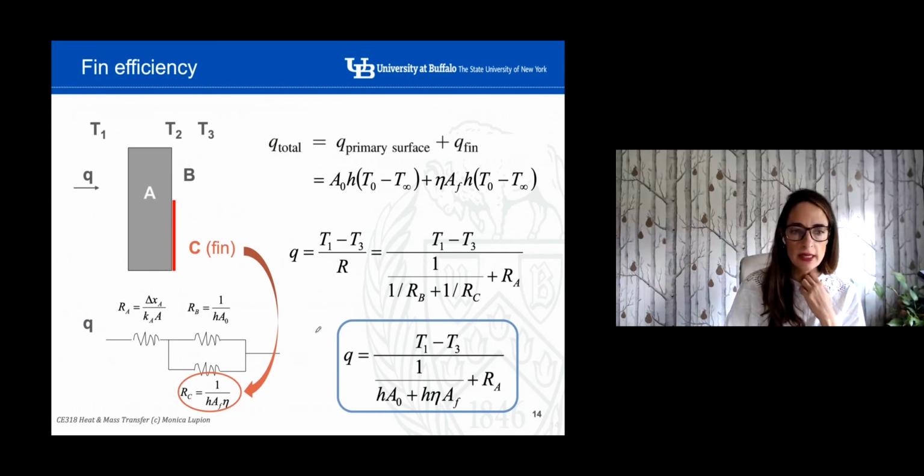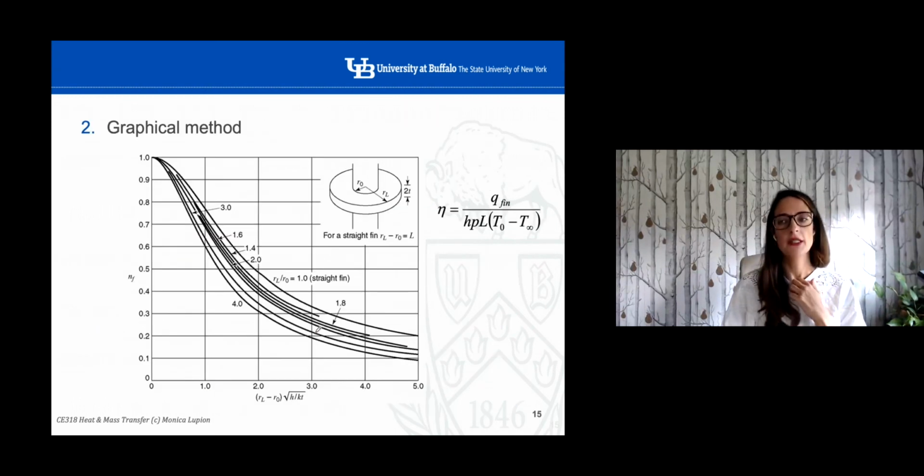How can I calculate this fin efficiency? There are different ways. In your textbook, there is an equation, and there is also this graphical method. I prefer the graphical method. I think it's quicker, and we don't need to be very, very accurate. So I think this should be fine.